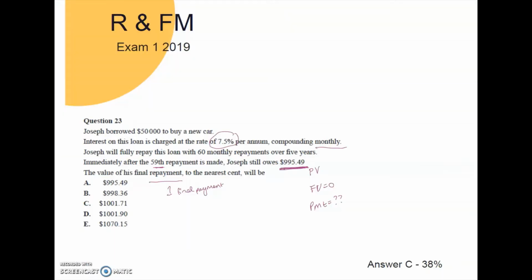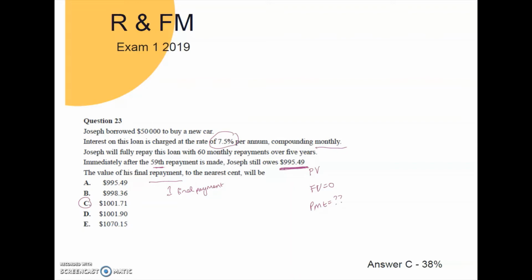Okay, and coming back to our question now, we can see answer C gives us that payment value. So this question, only 38% got it right. And I think it was mainly to do with, A, a little bit of time, and B, how to attack a question like that.